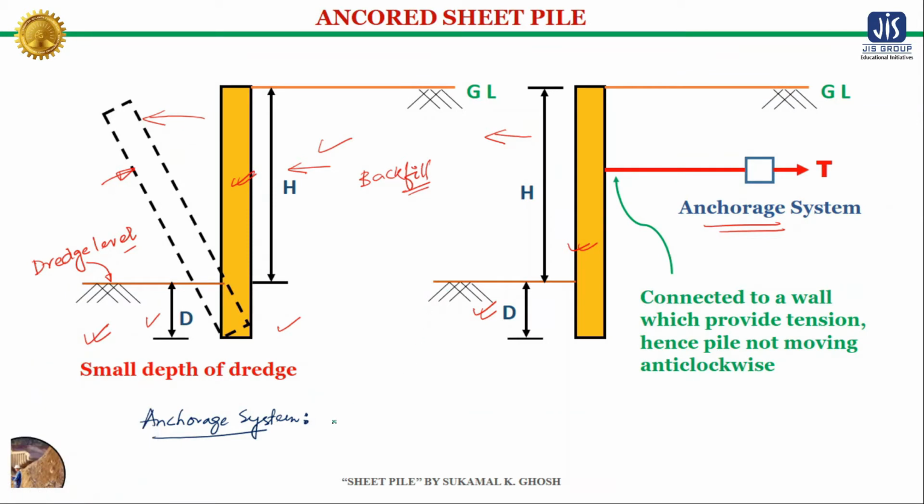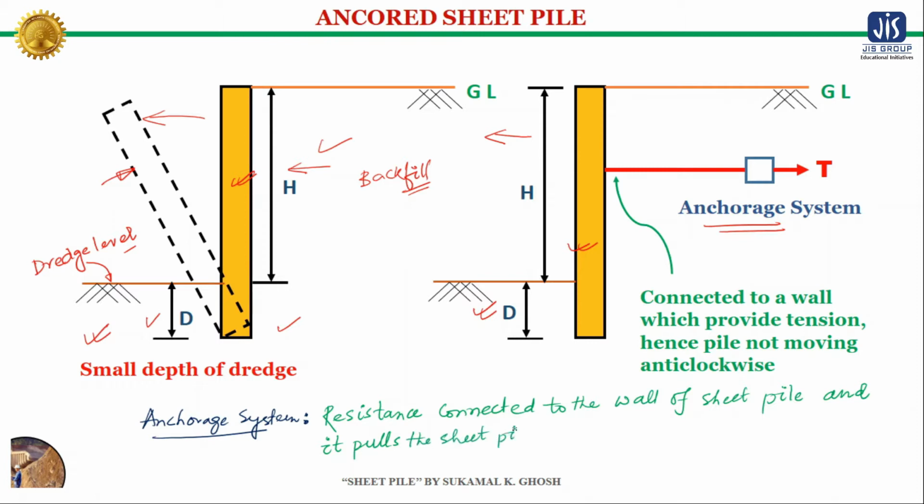An anchor system is the resistance which is connected to the wall of the sheet pile and it pulls the sheet pile in the opposite direction of the movement of the sheet pile.